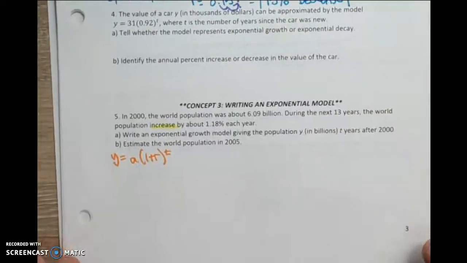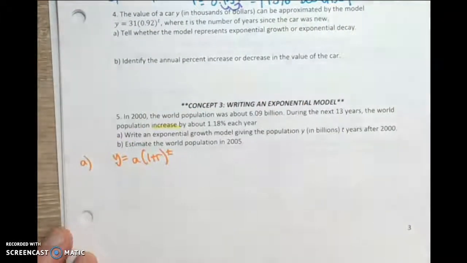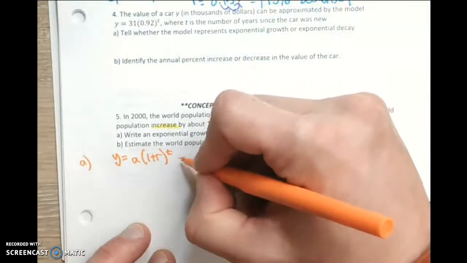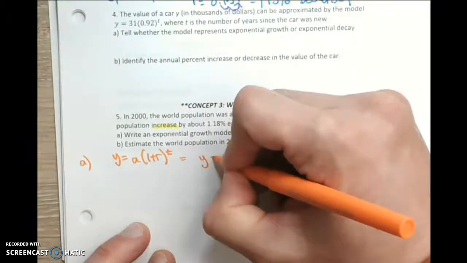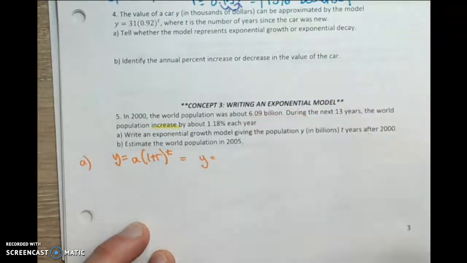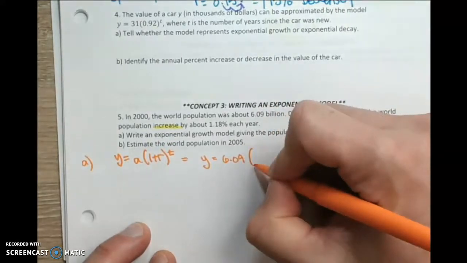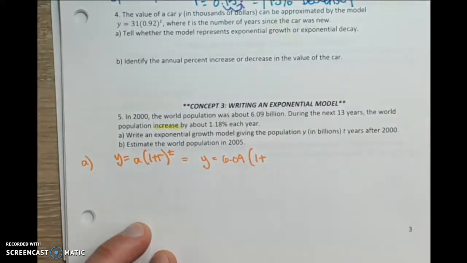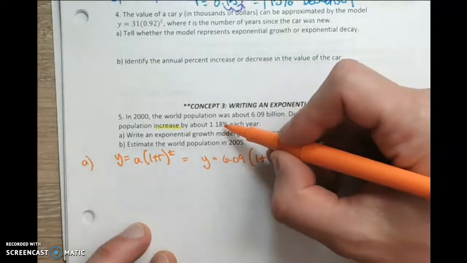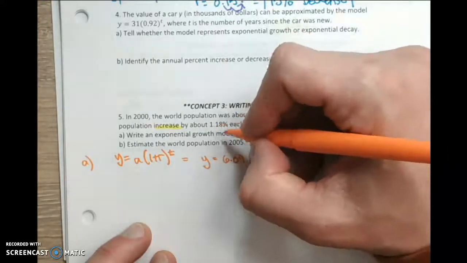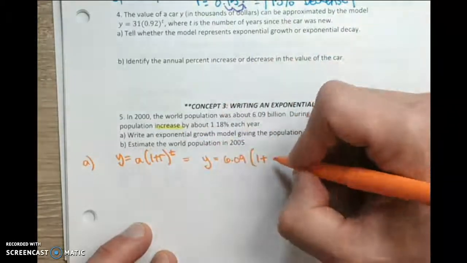Alright, so here's for a. Okay, so now what I'm going to do is just plug in all this information here. So y equals 6.9 billion is our initial amount, times the quantity of 1 plus r, which is our rate, which I'm going to change to a decimal. So I'm going to divide it by 100, move the decimal 2 places to the left.